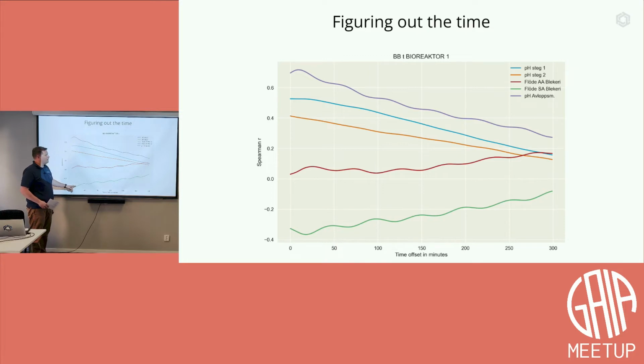And of course the green one is anti-correlation, or negative correlation, because it's low pH. So that's just a quick check that it looks like 20 minutes is reasonable, and that's also what the guys at Södra said. It takes probably 20 minutes.